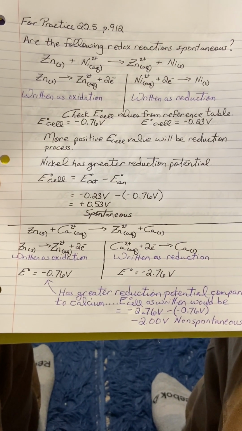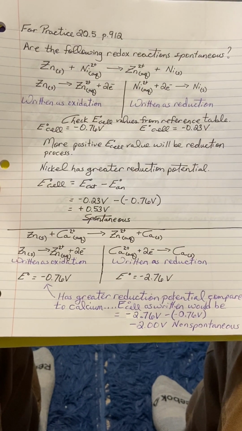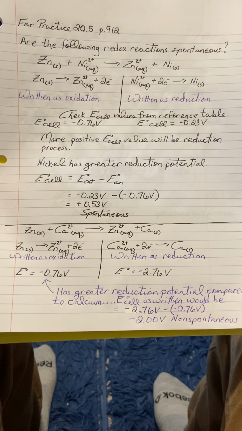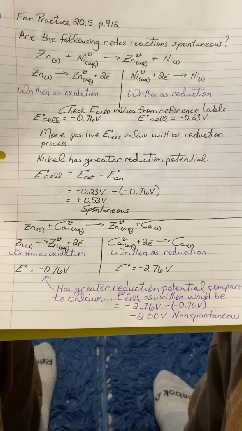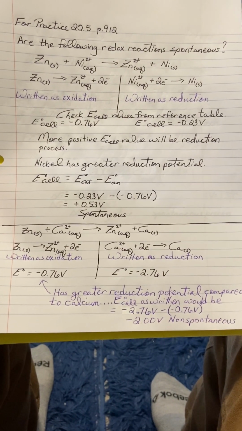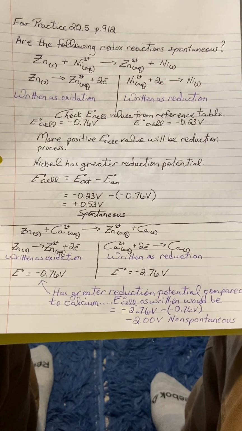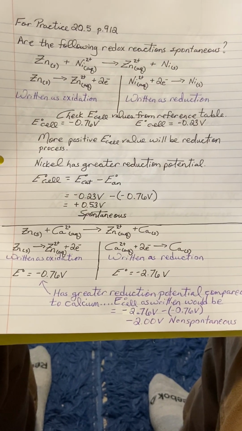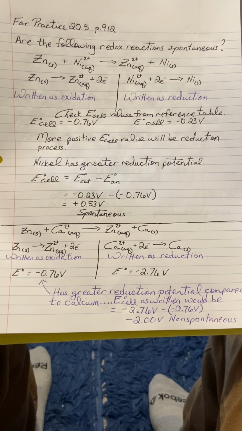Turn back a few pages in your book to the reduction potentials table to check those E cell values. Zinc has a reduction potential of negative 0.76 volts, while the nickel has negative 0.23 volts.